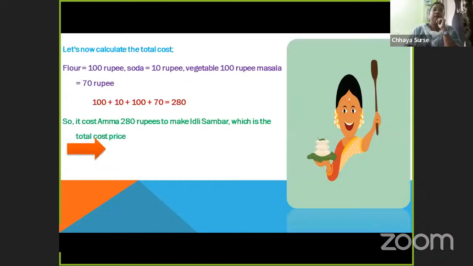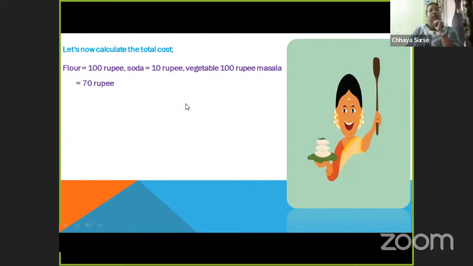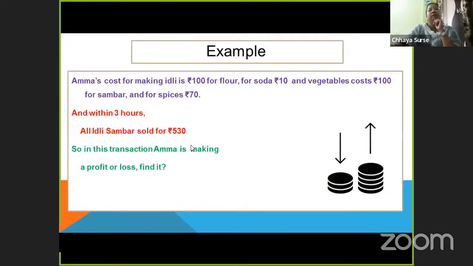According to the formula, Amma made a profit, because 280 is the total cost price. But for how many rupees did she sell all the idli sambar? 530 rupees.